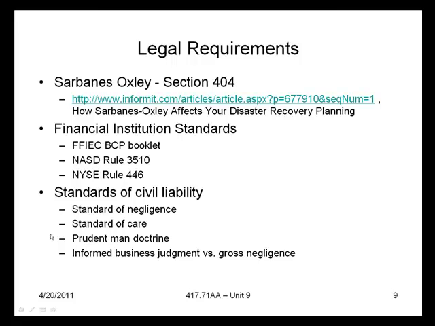Now, legal requirements. I'm going here pretty much by what the book says. Now, Sarbanes-Oxley is discussed in the book, but the text seems to say that there is no specific requirement for disaster recovery business continuity. And just to sort of inform you, Sarbanes-Oxley was a piece of legislation passed in the aftermath of the Enron and WorldCom debacles in the early part of the 21st century.